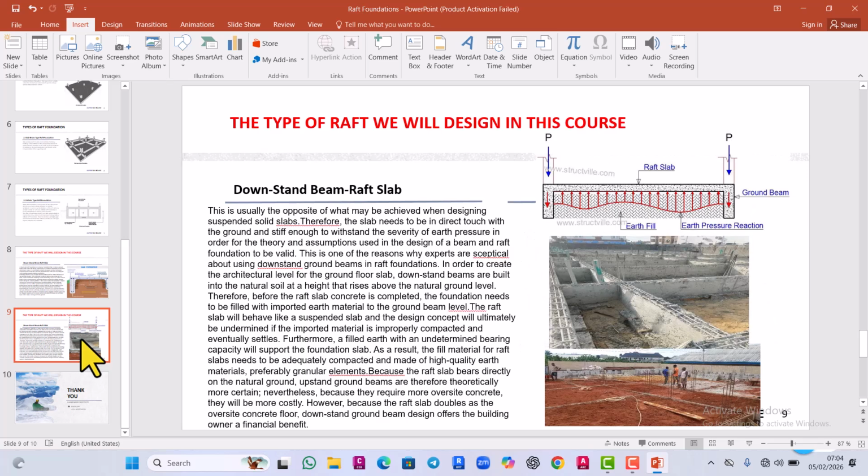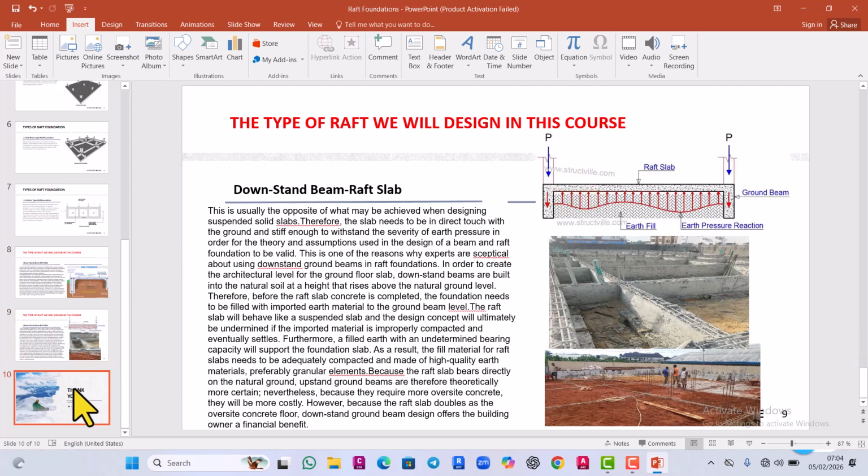Costly, like we have said, which is true. But now with the downstand beam, we don't need to do two slabs. You just put your beam, construct up to the ground floor, and use the raft to form your ground floor as well. So that is one good thing of the downstand over the upstand beam.